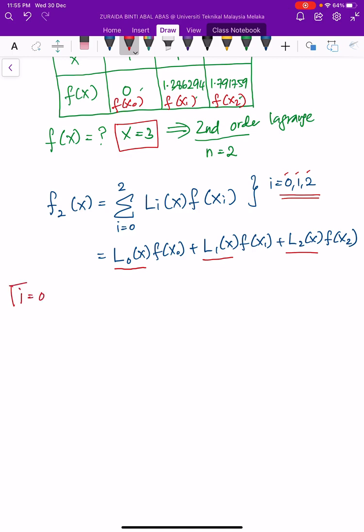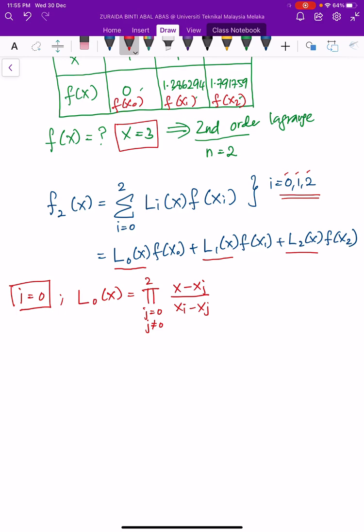Let's start with finding the Lagrange when i equal to 0. So when i equal to 0, we'll have L0(x) equal to the product from j equal to 0 until j equal to 2, and this j cannot be equal to i, so our i currently is 0. We have the general formula of the Lagrange, (x minus xj) divided by (xi minus xj).